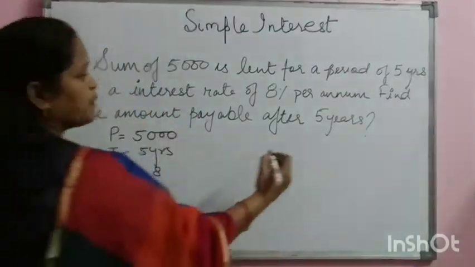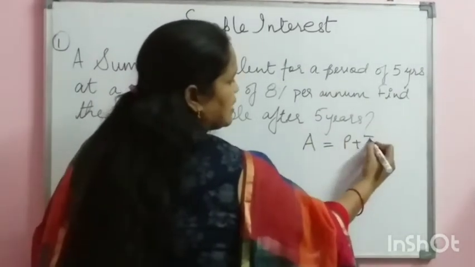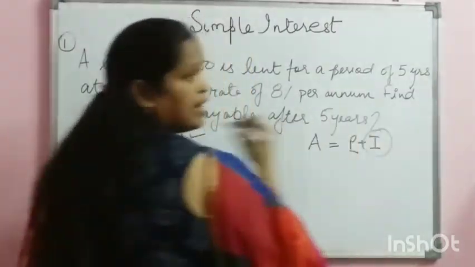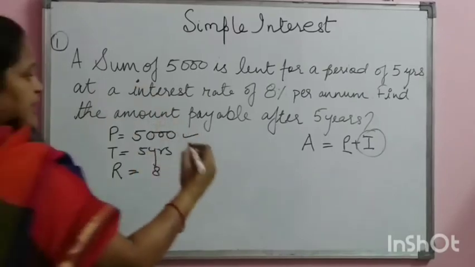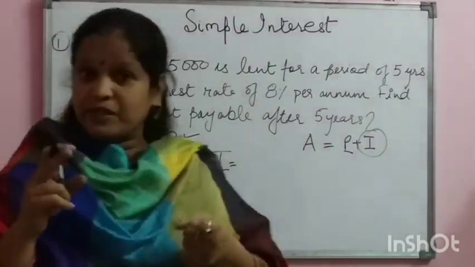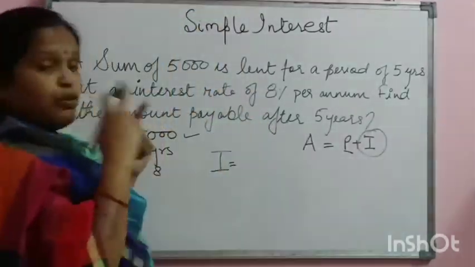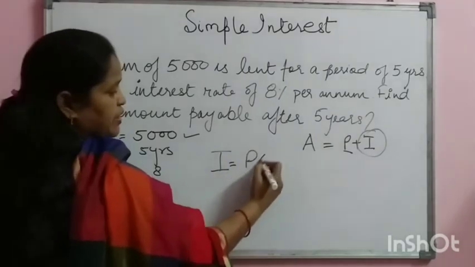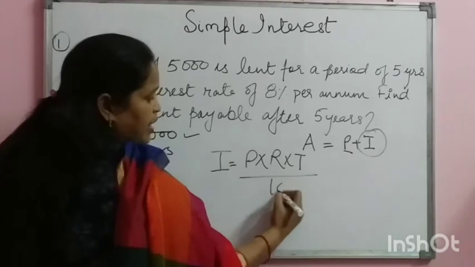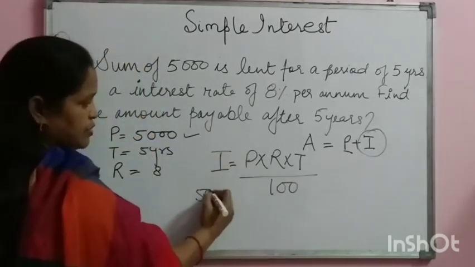जैसे कि आप सबको पता है A क्या है? A is equal to P plus I. So we know P but we didn't know I. So we'll calculate I. और I जो हम लोगों ने लास्ट वीडियो में फॉर्मूला डेवलप किया था, हमने खुद उस फॉर्मूले को डेवलप किया था, तो उसके अकॉर्डिंग I इज इक्वल टू P इंटू R इंटू T बाय 100, राइट. सो P क्या है यहाँ पे? 5,000.